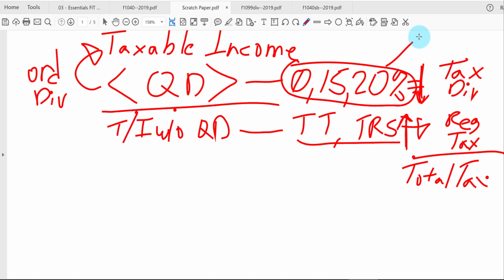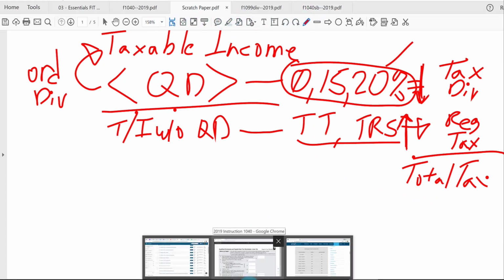Our textbook goes through a calculation of how to do this tax, but the way I want you to do it is to use the worksheet. I have it linked in our chapter 3 resources folder. Let's see if I can pull it up here.